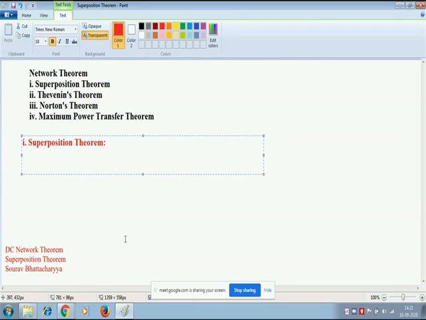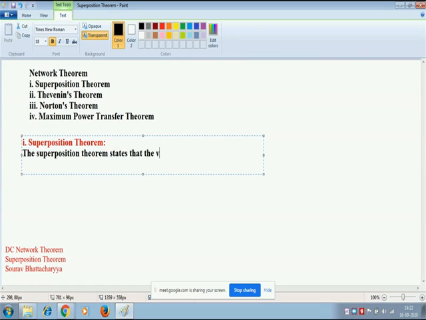So we can say that the superposition theorem states that the voltage across or current through an element in a linear circuit is the algebraic sum of the voltage across or current through that element due to each independent source acting alone. So I am writing the definition.